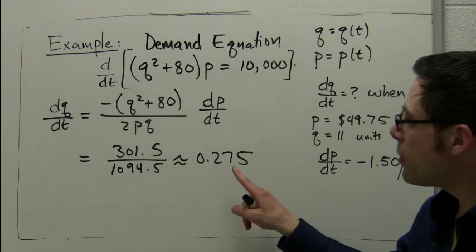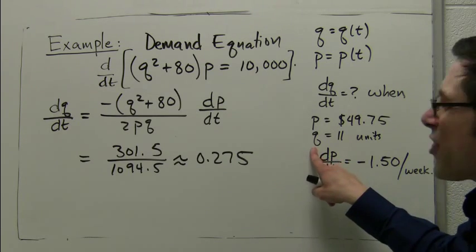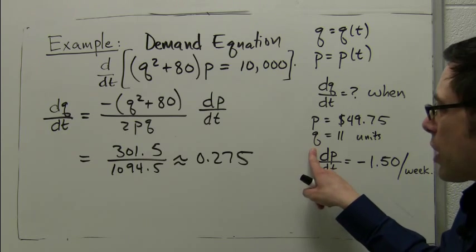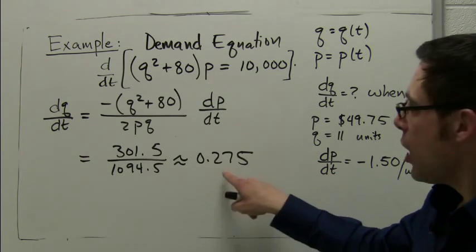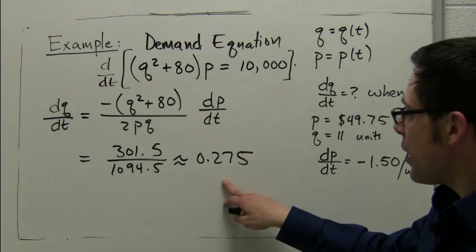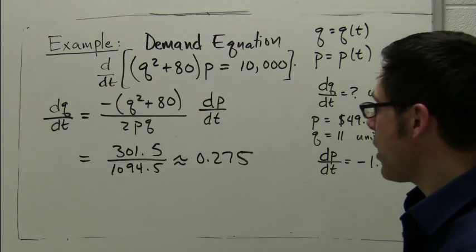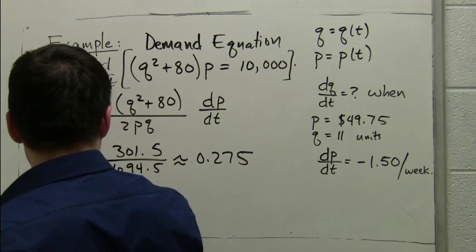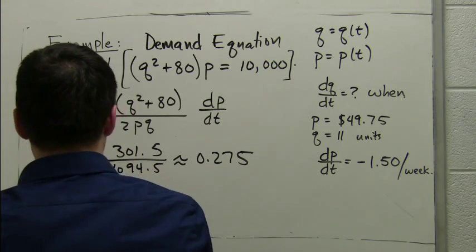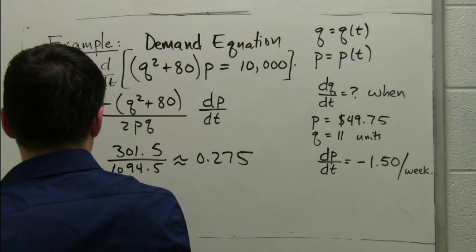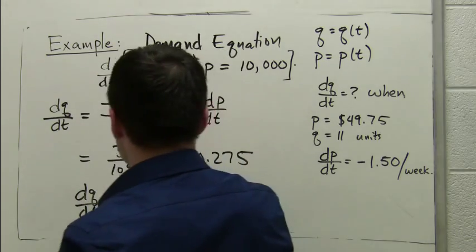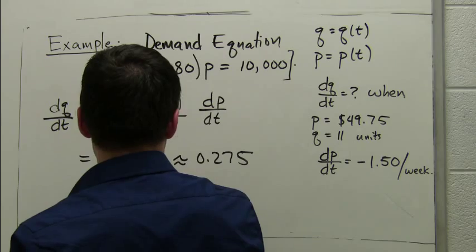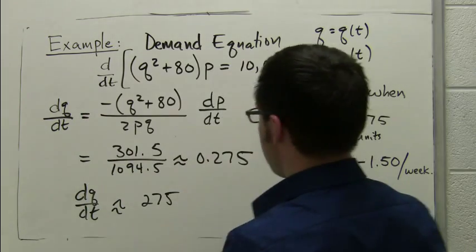Remember that Q was in thousands of units, so I'm going to rewrite this in terms of the actual units by multiplying by 1,000. So the demand, that is dq dt, is changing at about 275 chips per month.